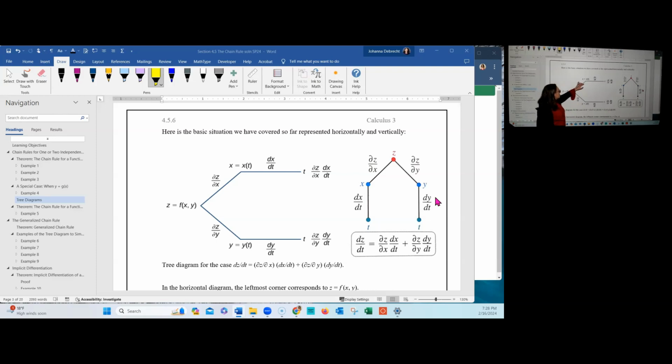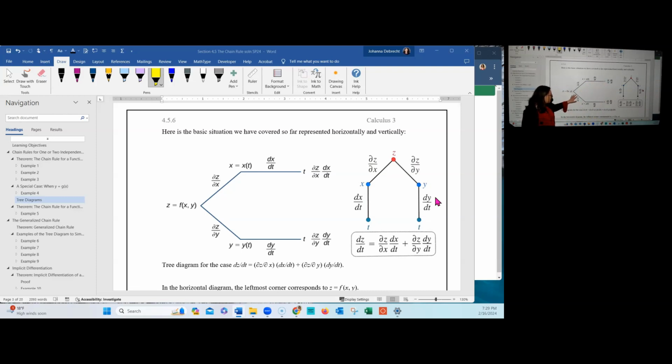However, when I'm done with this, I label the next one and realize that x is a function of t. Since x is a function of t, which is only one variable, then I have only a single line branching from that node. And that leads me to t, right? So when I'm done with this, I'm labeling each node and each line with the appropriate derivative. This gives me the derivative of x with respect to t because there was only one branch off of that node.